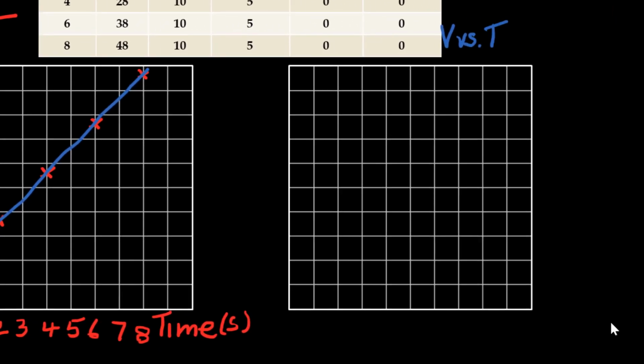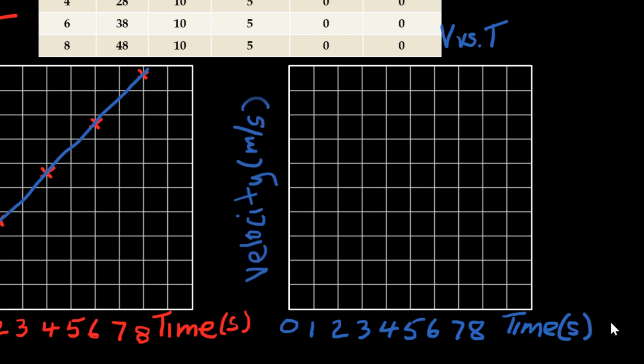Let's go ahead and put our velocity versus time from the table data shown. We'll put our time as our independent variable along the horizontal axis, again in 1 second increments. We'll graph velocity in meters per second along the vertical axis, also in 1 second increments.